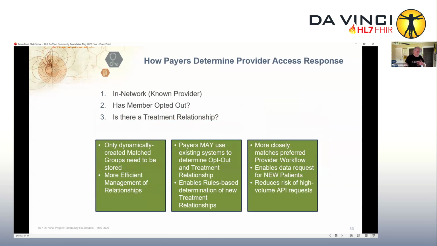So let's cover, how does a payer determine the provider access response? We're still leaving the provider, with the payer, with the ability to filter out members. So we've used some examples. Maybe a payer has a list of, we'll call them gold-carded providers. You, as a payer, are saying, I'm not really going to try and second guess them because they do such a good job.